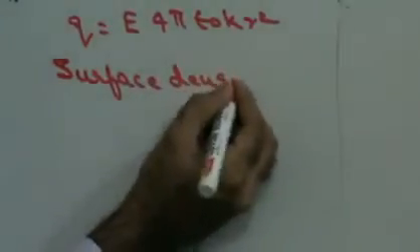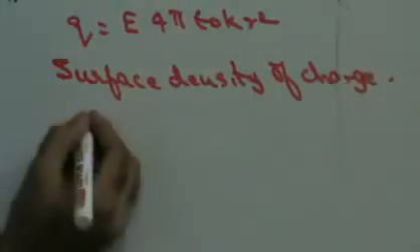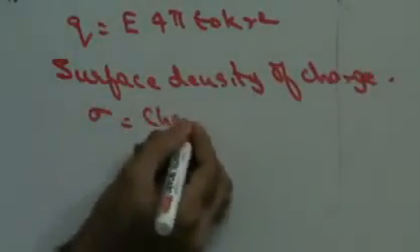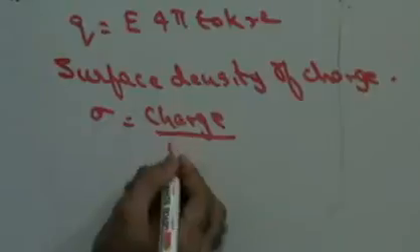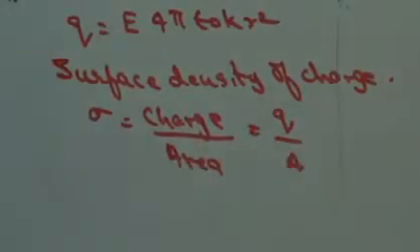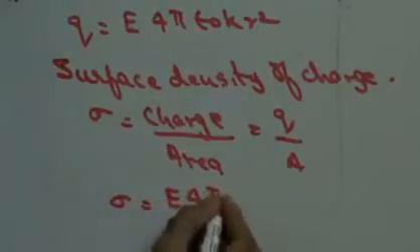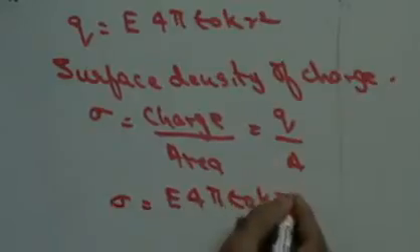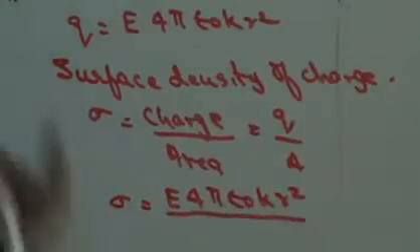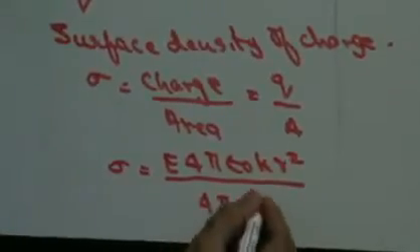Now surface density of charge by definition is nothing but charge upon area, that is Q upon area. Q we just found out is nothing but E 4 pi epsilon 0 K R square. Area, right in the beginning of the sum we found this as 4 pi r square.